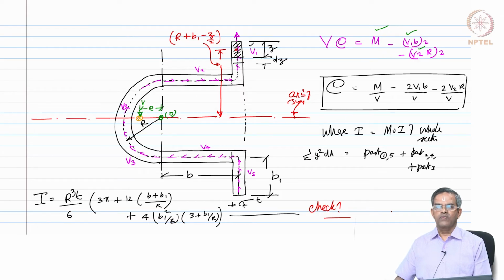So, standard softwares cannot handle special kind of structural shapes. It is always better, friends, to use the CAD models, develop these geometric shapes, identify the shear center and calculate the necessary values yourself with MATLAB program.